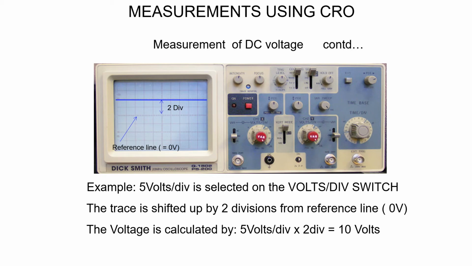So 5 volts per division into 2 divisions is equal to 10 volts. The voltage measured is the DC voltage of 10 volts.